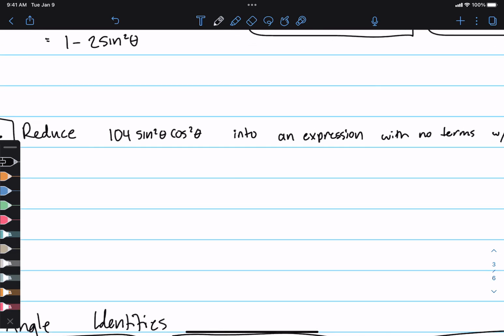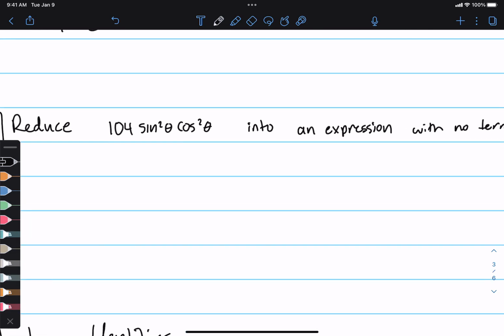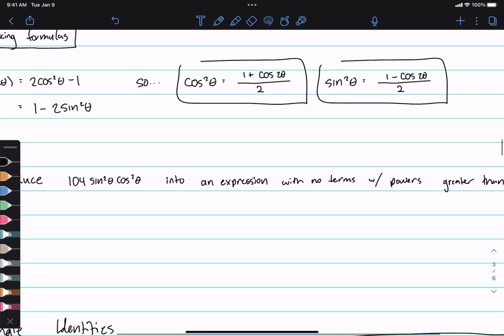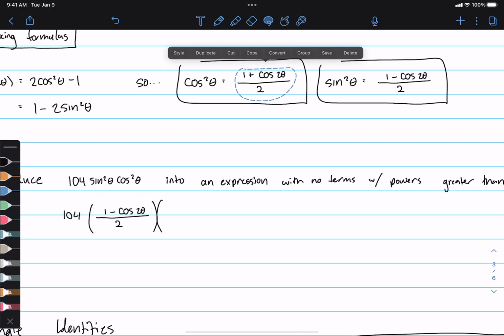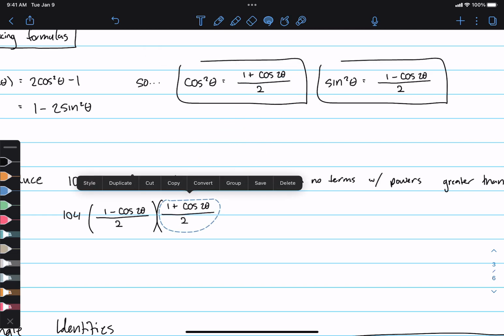So, right now, I'm going to use both of these identities here, right? So 104 times sine squared theta is going to be 104 times 1 minus cosine of 2 theta over 2. And then cosine squared theta is 1 plus cosine of 2 theta over 2, right?